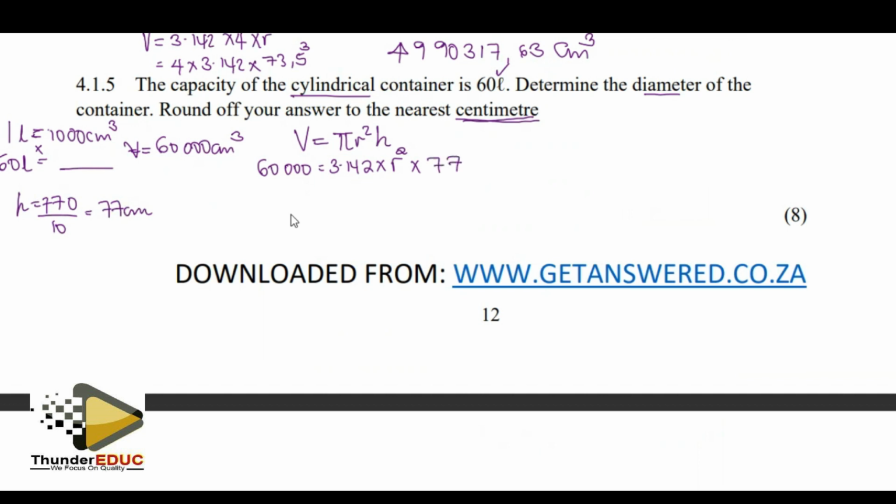So what I do, I take the normal number, 3,142 times 77 equals 241,934. I will leave it like this, times r squared should give us 60,000.